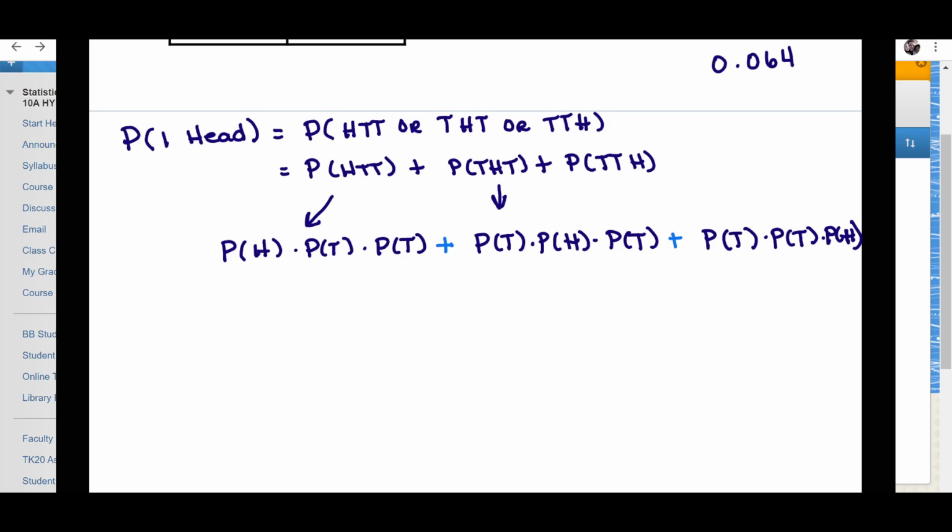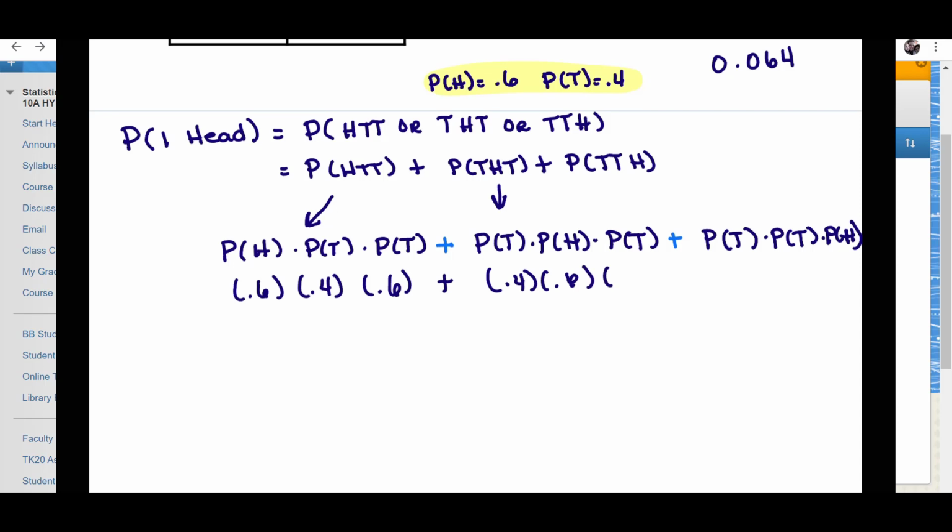So again, the probability of heads is 0.6 and the probability of tails is 0.4. So recall that.